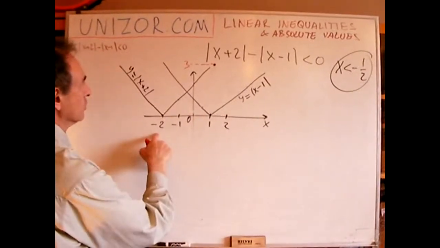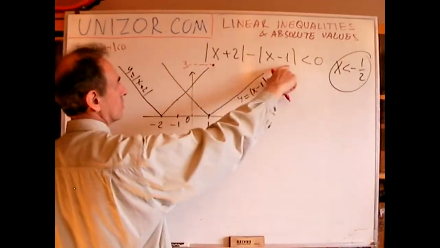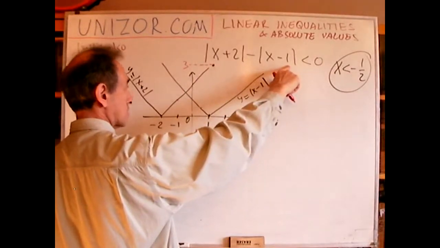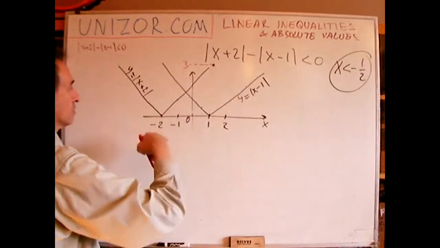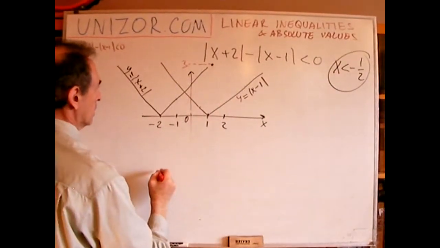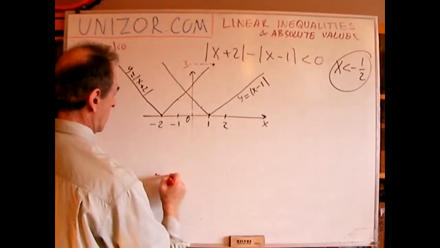Now, minus 2. At minus 2, this is equal to 0. Minus 2 minus 1 is minus 3, absolute value 3, so the difference will be minus 3. Okay, so the graph would be here at minus 3.